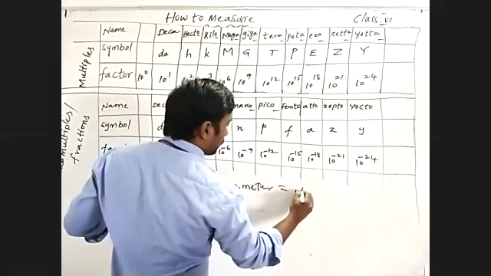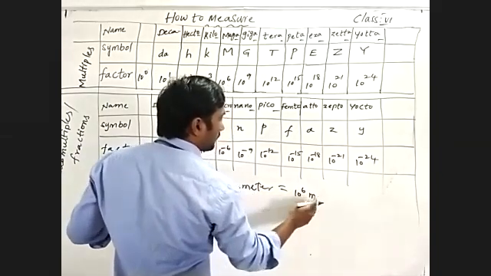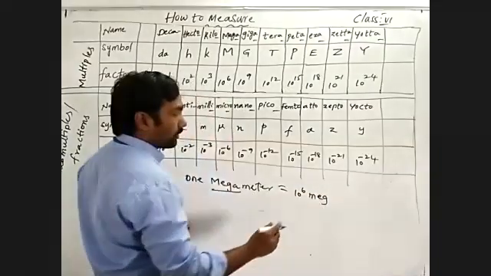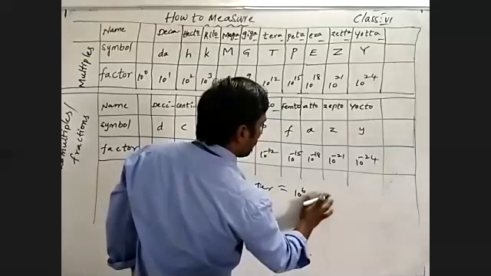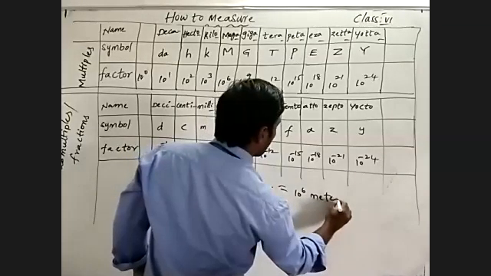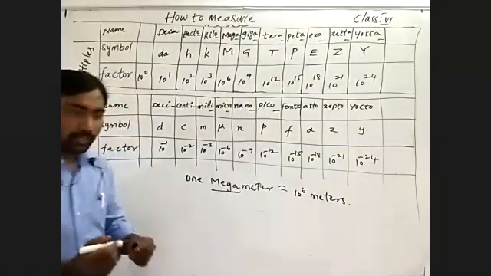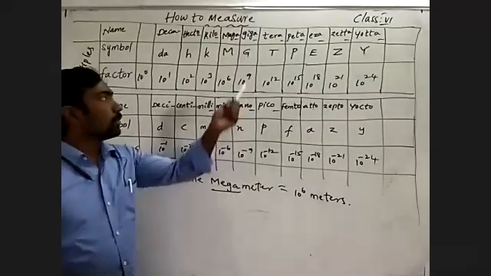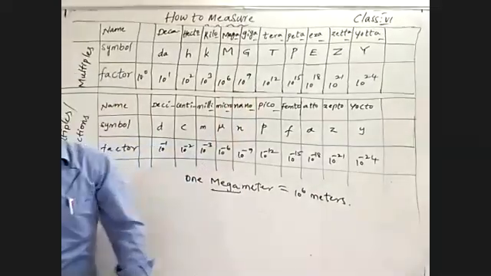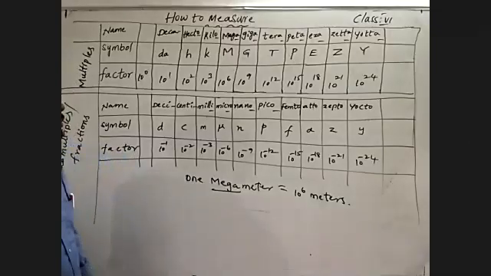So we can write 10 to the power of 6 meters. In the place of mega, we write the suitable value for that.